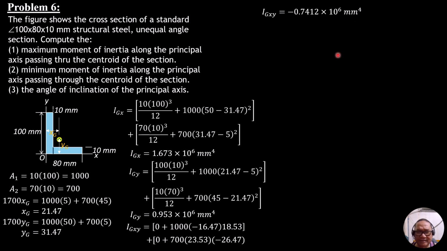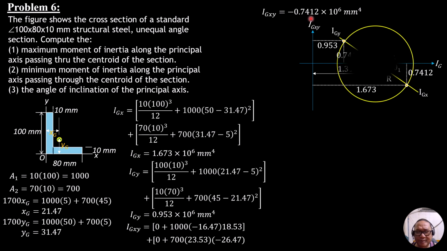We then plot IGX, 1.673, then IGY, 1.673 comma negative 0.7412. This time, the positive product of inertia should be upward. Positive IG would be rightward.